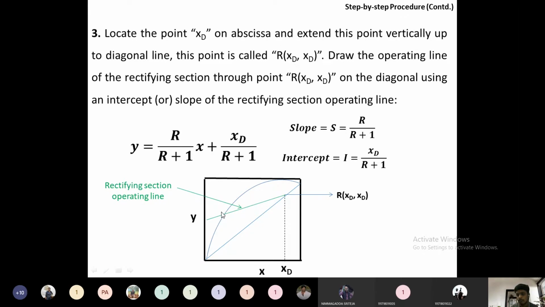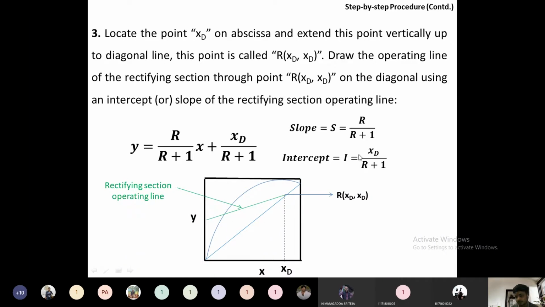So how to draw this? One way is to use the slope. The slope value obtained will be equated to tan theta, then we calculate the theta value, put that theta on the protractor and draw that line.